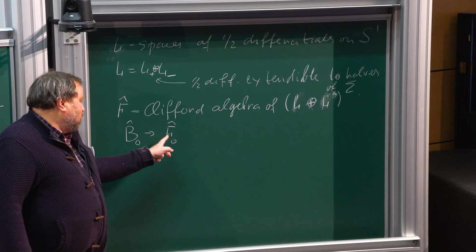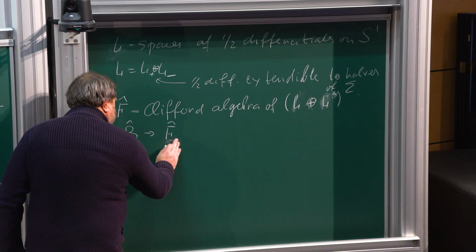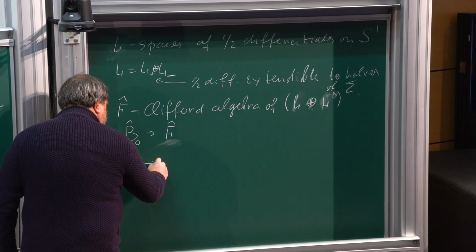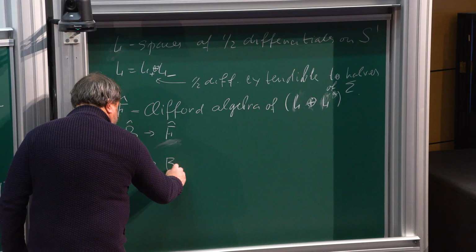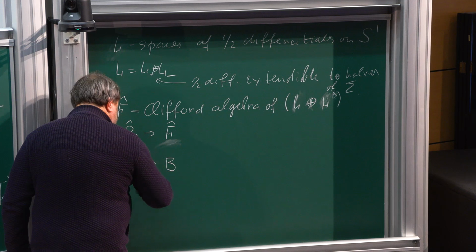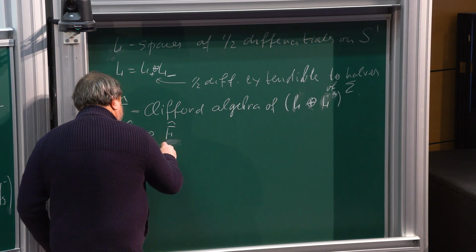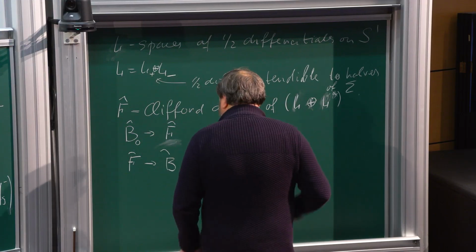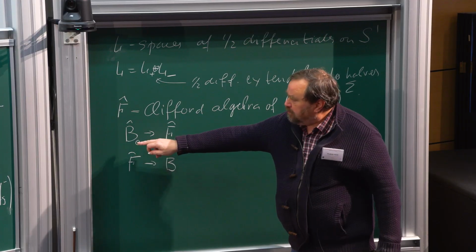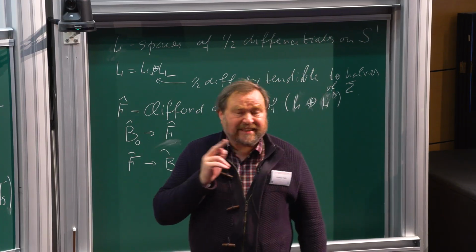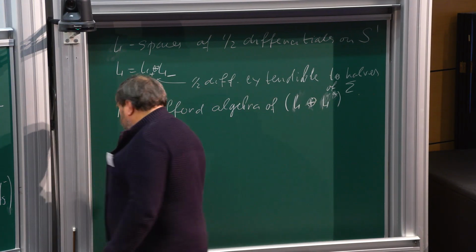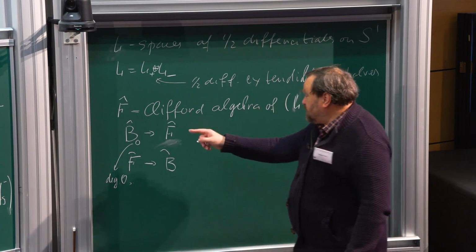You can take B to F hat, and also F to B. So there are two maps. And what is the map? B0 is just the subgroup of B of functions of degree 0. And this map is given by the following.